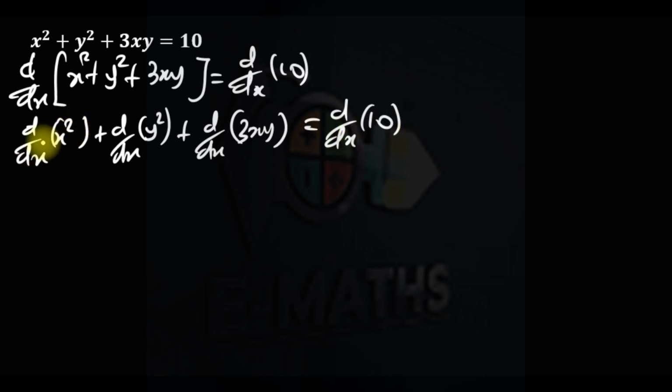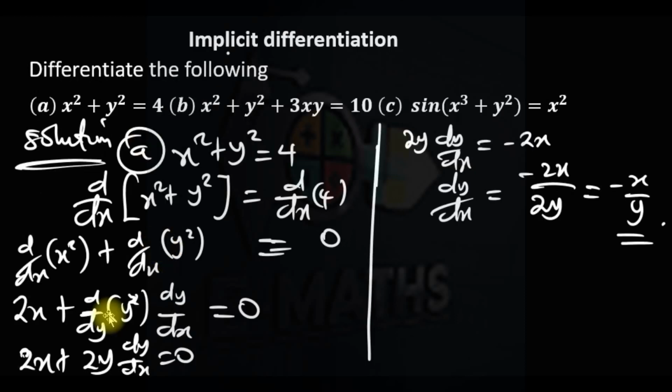If you differentiate this, it is 2x. Here, remember, you have to introduce your dy to avoid changing the equation. So if you differentiate this, 2y, you introduce your dy dx. We've done it before. We introduce dy and after counter it with dy dx. So that's why if you differentiate this, it is 2y dy dx.